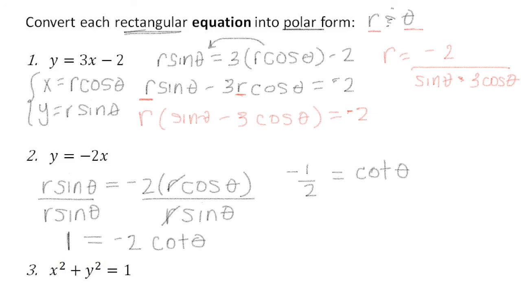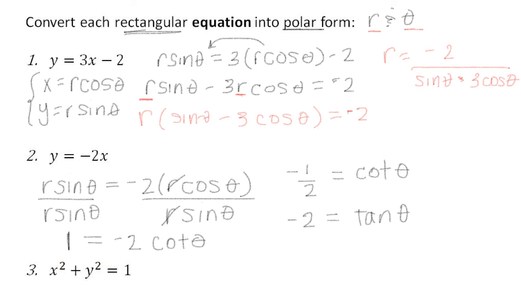And we can also write that as -2 equals tangent of theta. Either one of those would be the same. And notice this time we did have our radius value to cancel out, and that will be okay with these problems.